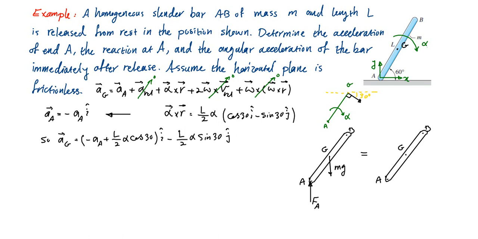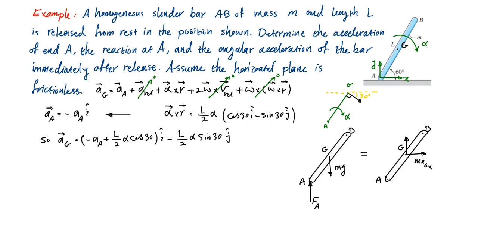Looking at my kinetic diagram, I'm going to put my acceleration terms or MA terms. I'll separate them, MA gx and MA gy, since I know each component. So I'll call this MA gx.